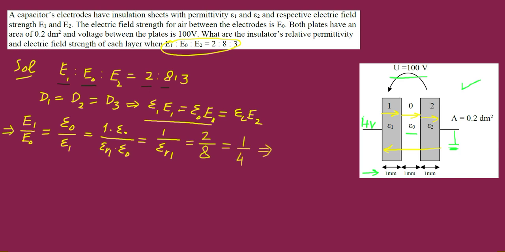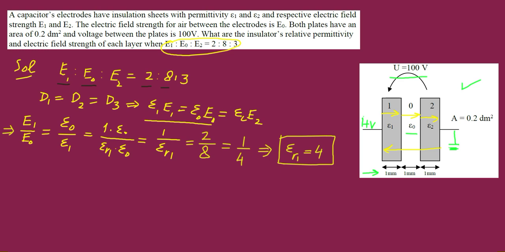Hence epsilon r1 is equal to 4. So we determined the relative permittivity of material 1, of insulation 1.